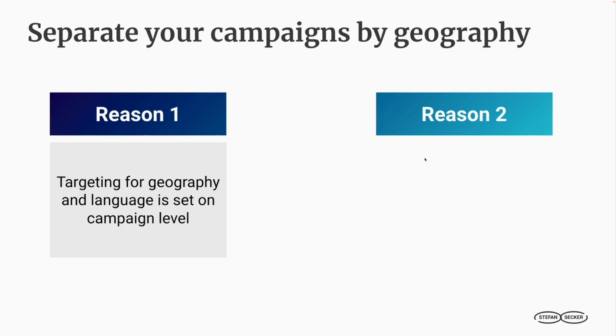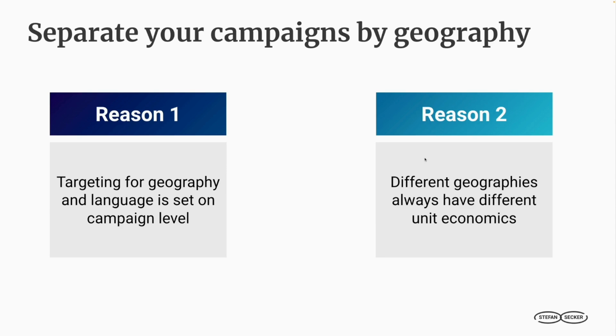But secondly, different regions often have very different unit economics. So even if English ads work in the United States as well as in India, for instance, we will see completely different CPCs and conversion rates. So it's really important to separate this on a campaign level so you can optimize later on.